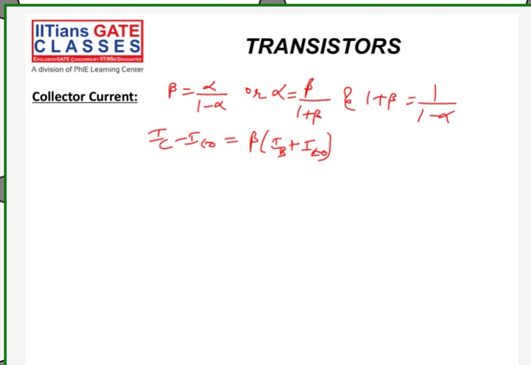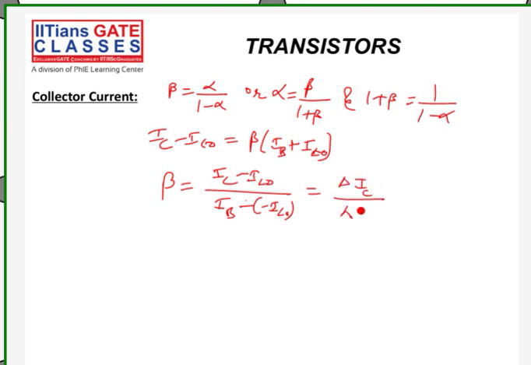So now I can write beta is equal to (IC minus ICO) divided by (IB minus ICO), which is delta IC divided by delta IB.